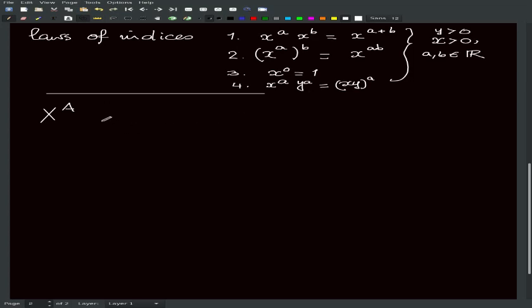Now, with all of them, all these rules hold. That means, now instead of equality, I'll have a curved equality.